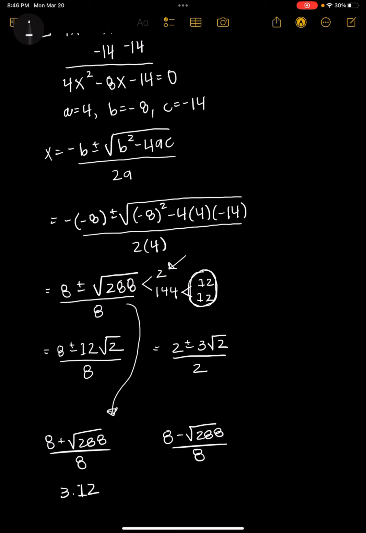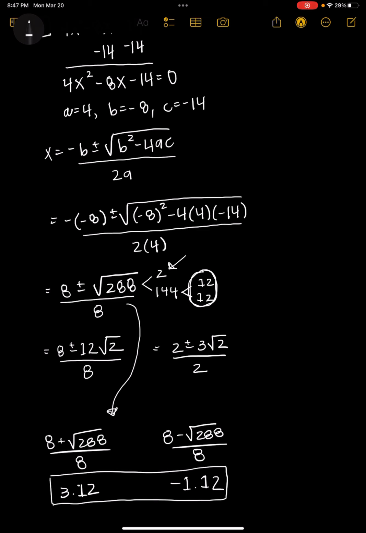And then 8 minus the square root of 288 divided by 8, I get negative 1.12. So these are just decimal approximations of the answer. Whether you answer as a decimal or as the radical, either way totally works.